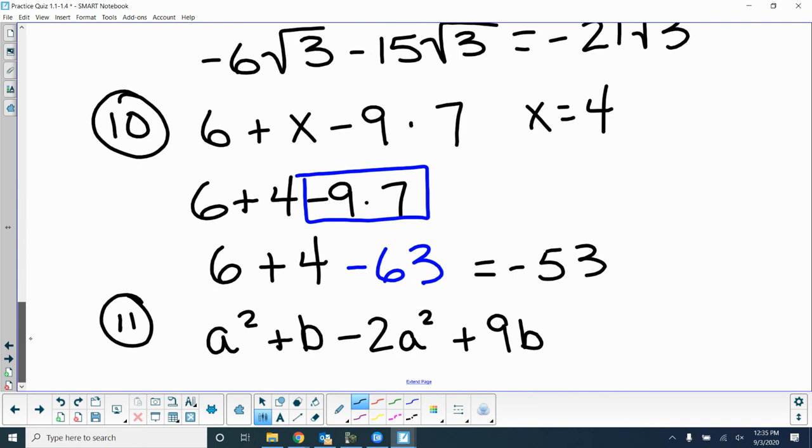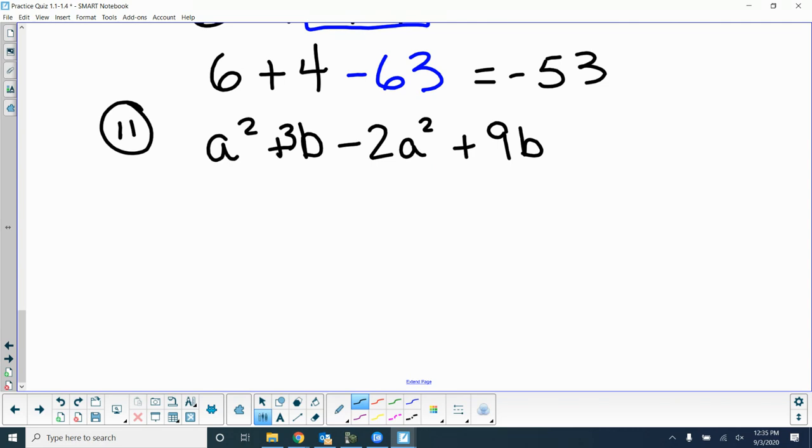Yeah, I thought I messed that up. Okay, so combining like terms, 1a squared, right? There's no number, it's 1 in front. Minus 2 is negative 1, or just negative a squared. 3b plus 9b is 12b, and that's all you can do. You simplify it.